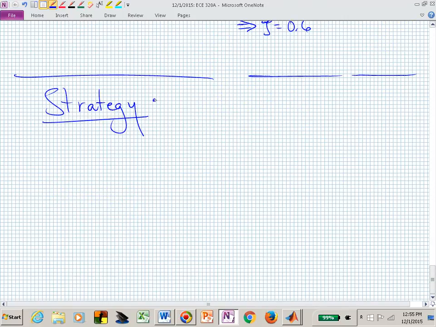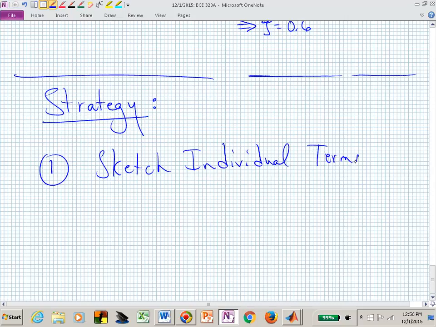Our strategy is really just two pieces. We will first sketch the individual terms that we've now identified in this time constant form. And then once we've sketched all of those on the same set of magnitude plot and phase plot, we will combine those arithmetically, or add them up as a function of frequency, point for point. And since these are all straight lines, we just have to worry about where those straight lines are and how they are sloping to make the addition work.